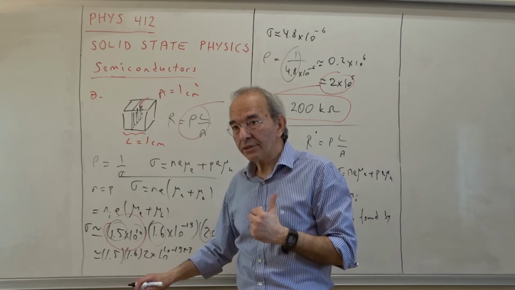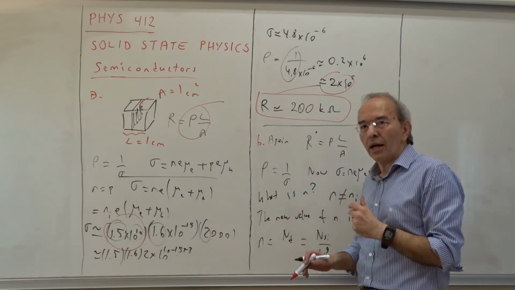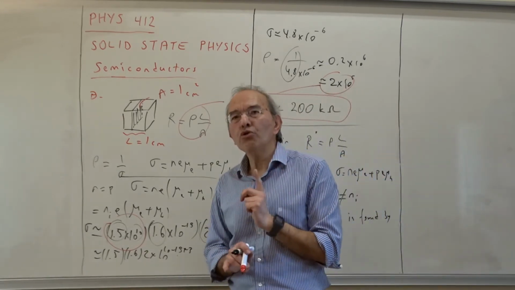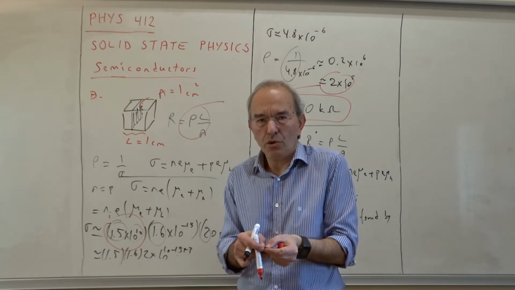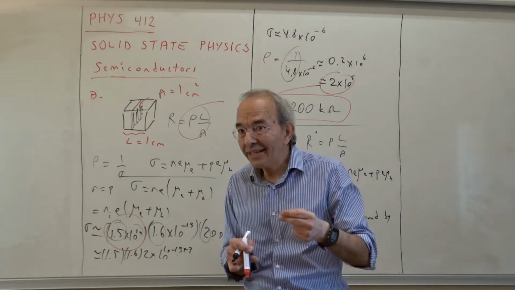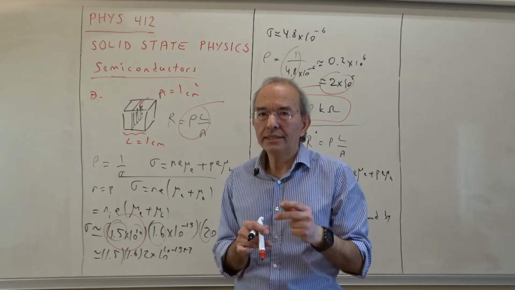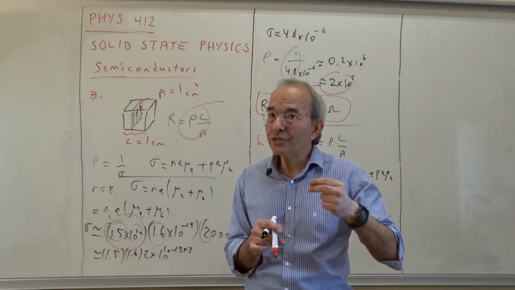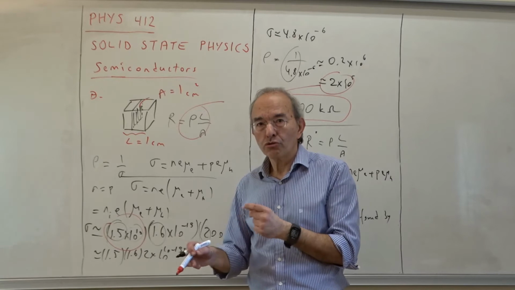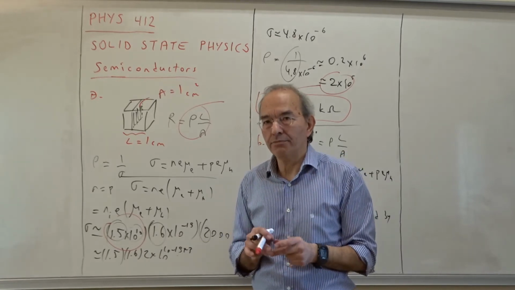What is that greater number? It is the atomic concentration: in one cubic centimeter, in such a small volume, there are 10 to the 22 silicon atoms, but only 10 to the 10 free electrons coming from those silicon atoms before any doping.